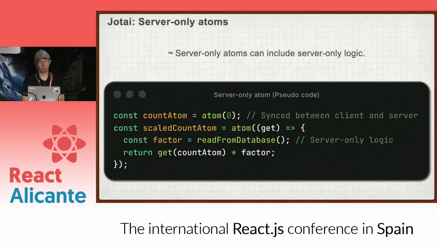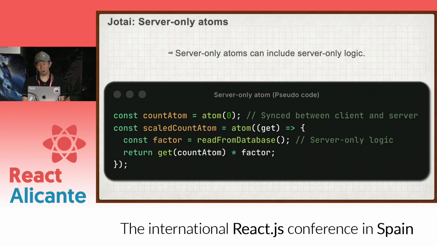This is server code. In this case, we have a count atom, which holds a number. Let's assume this atom is somehow synchronized with the client. Then we define a scaled count atom, which is a derived atom. This atom reads the count atom and multiplies it by a factor.